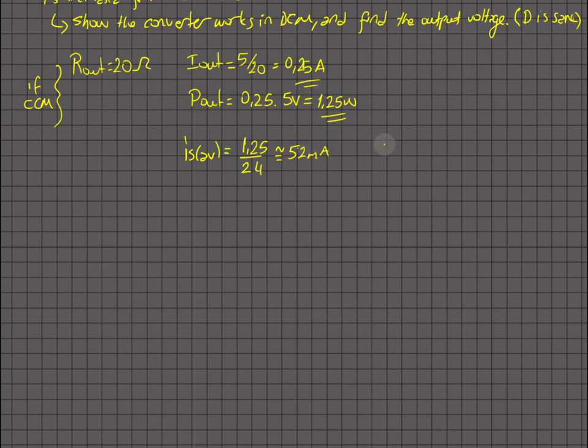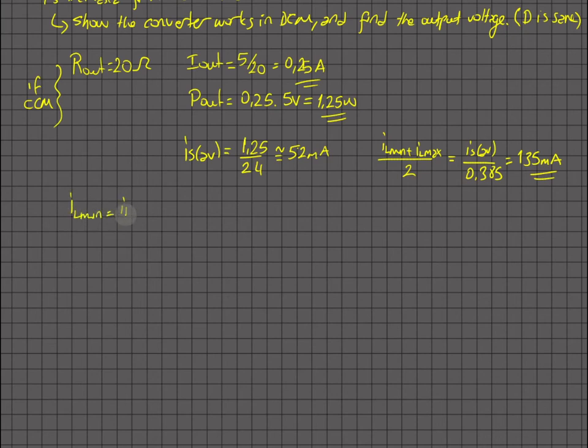So (IL min plus IL max) divided by 2 is equal to IS average divided by 0.385, the same duty cycle, and if you calculate that, it is around 135 milliamps.